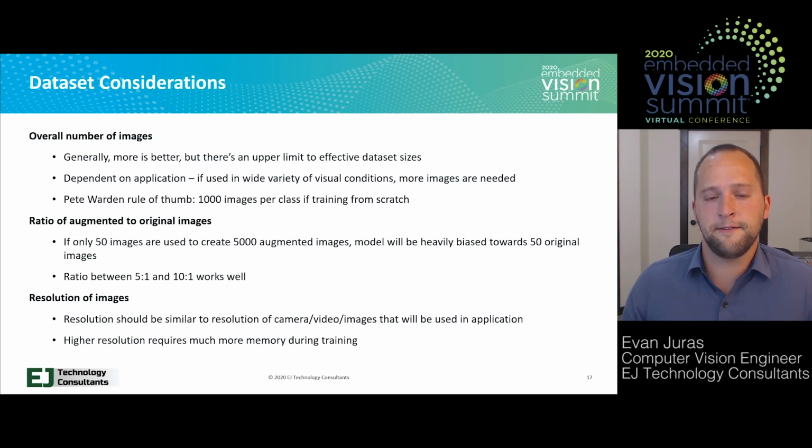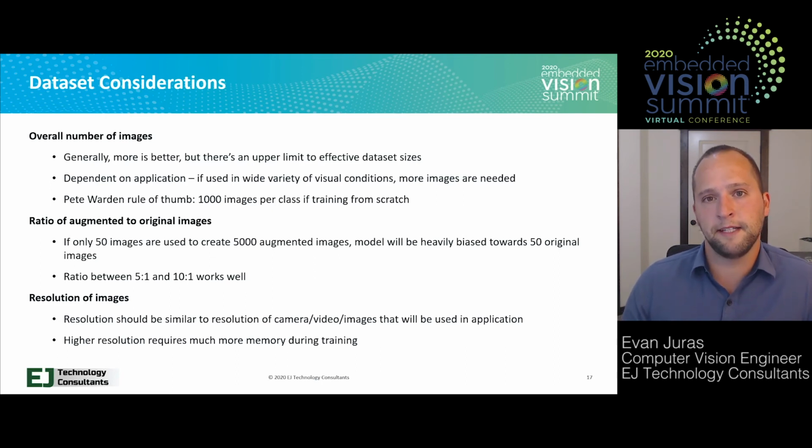What I've found from research and from experimentation is that generally more images are better, but there is an upper limit to effective data set sizes. For example, for my playing card model, I used 50,000 images and it works very well. When I used 100,000 images, I didn't really see any difference in improved performance. So it had hit an upper limit of effectiveness.